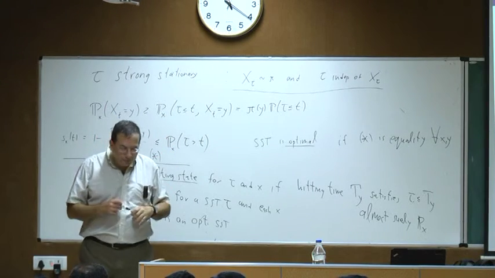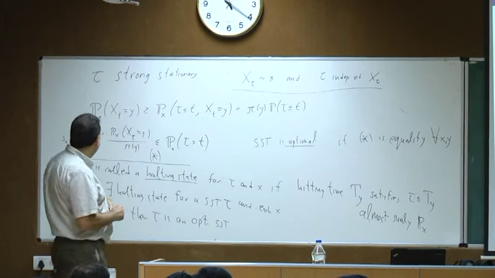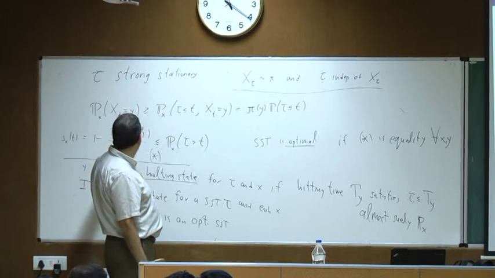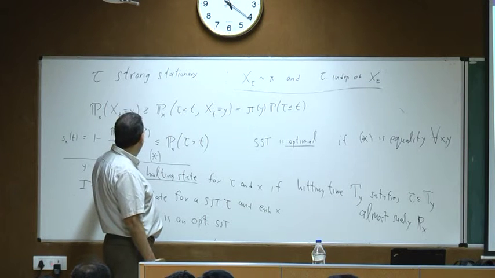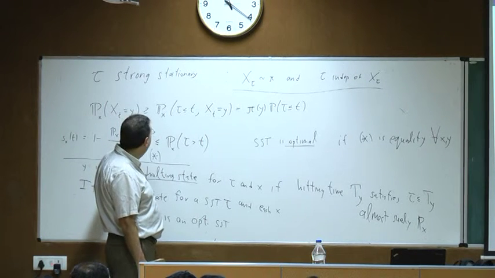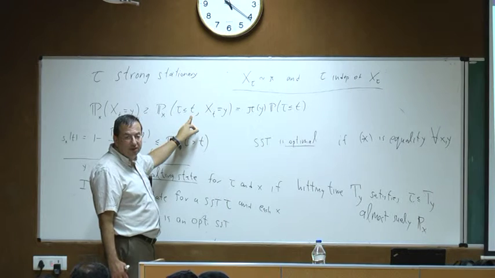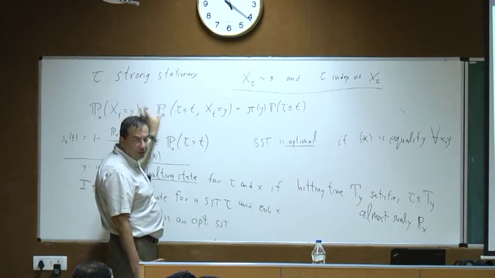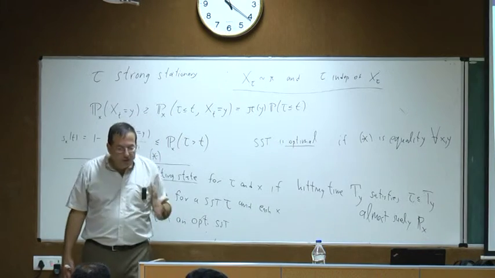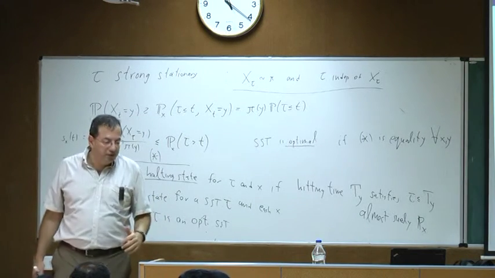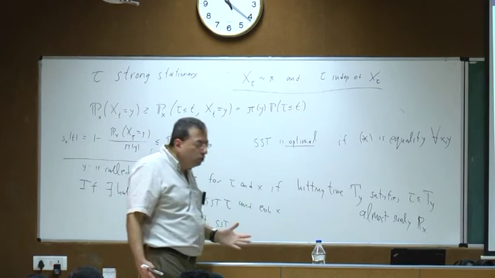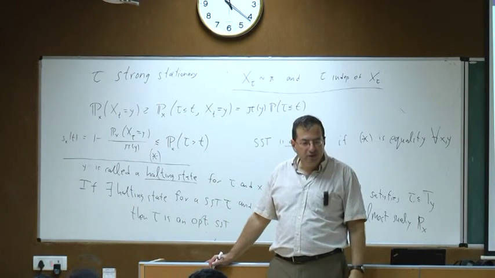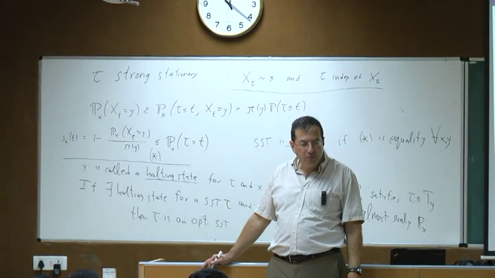So if y is a halting state, then if X_t is y, it means I'm already at y, so tau must be at most t. So this event is the same as this event in that case. So we have equality, and everything is equality. So this tells you that, for the hypercube, well, it's pretty intuitive that this is a good strong stationary time, but in fact, it's optimal.